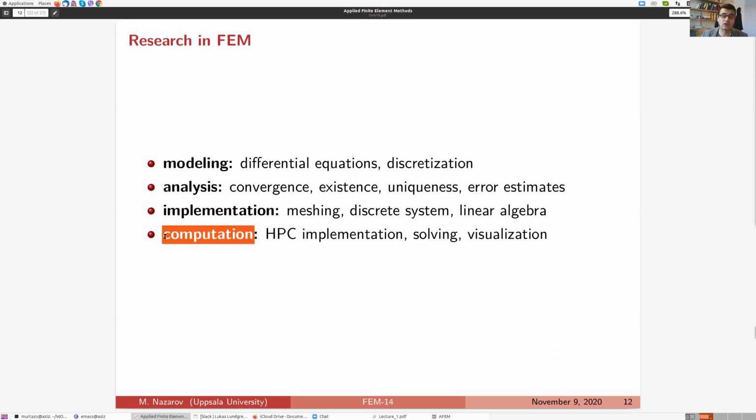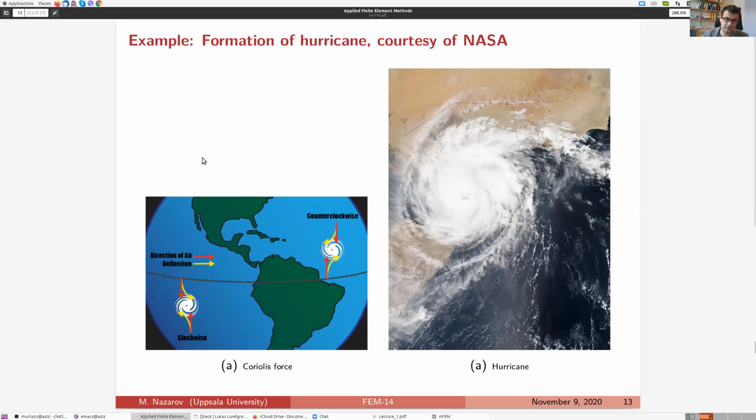Then computation, you have to compute and form some kind of expectation about the physical process. It was similar here. The physical process was to study the formation of a hurricane, for example.